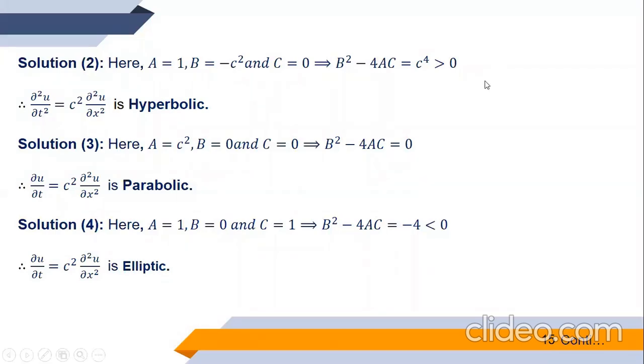So we get minus 4 times 1 times minus c square, therefore plus 4c square, and this is positive. So 4c square is greater than 0, and the given PDE is hyperbolic.